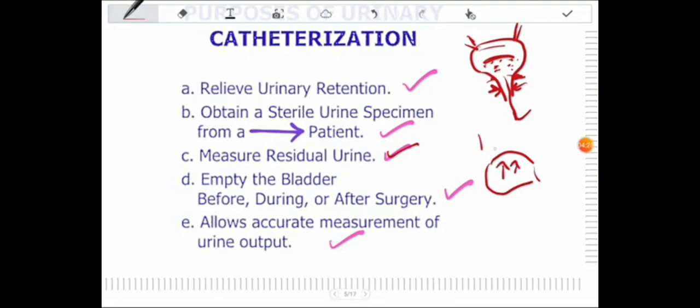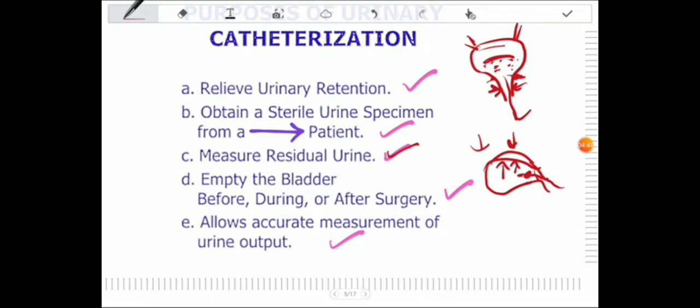So if any surgery is going on, there is a risk that the bladder might rupture. So this doesn't happen, what we do is we insert a urinary catheter right here so that the bladder doesn't inflate much or it remains normal even if the patient is under anesthetic effect.